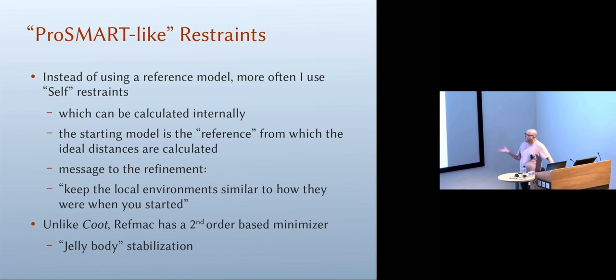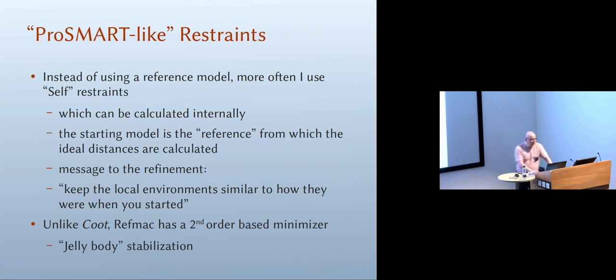Keep the local environment similar to how it was when you started, but try to fit to the density. And we can change the weight to allow the fit to density or preserve the structure, and I'll show you how to do that if we've got time to see an example.